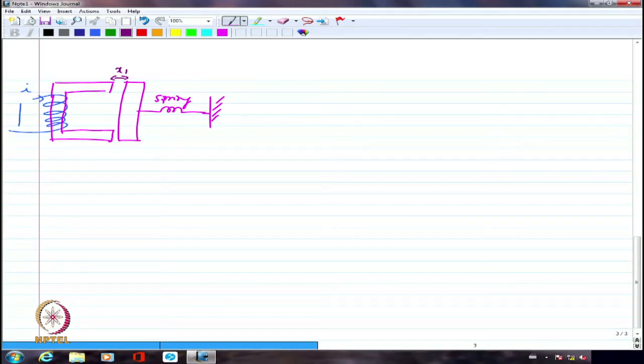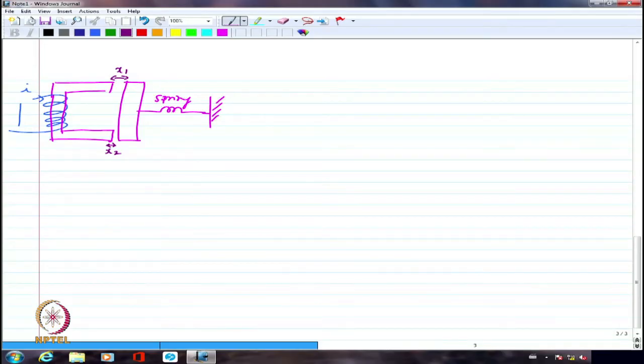And let us say I am passing sufficiently large current through this, because of which the magnetic field created is strong enough to pull that moving part towards itself. Because of which maybe the distance has reduced now from the original value of x1 to a smaller value which is x2. So, the movement has taken place in such a way that from x1 the air gap has decreased to x2.